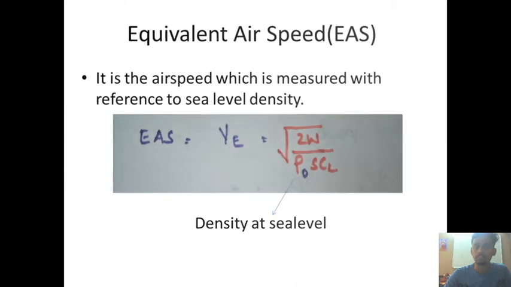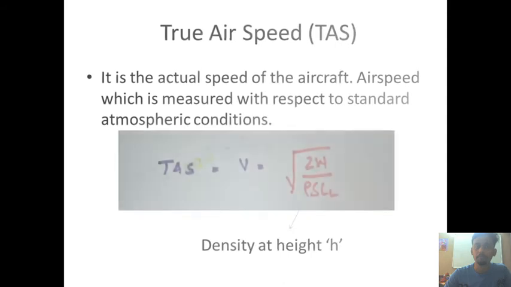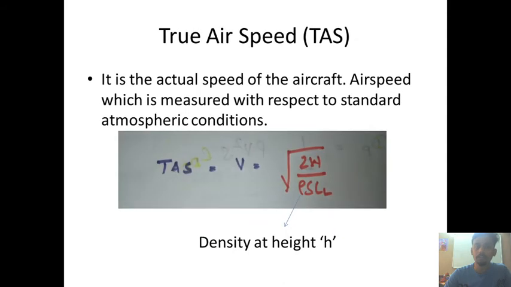Next let us see about the true airspeed. It is the actual speed of the aircraft, the airspeed measured with respect to the standard atmospheric conditions, where the true airspeed V is equal to root of 2W by rho S CL, where rho is the density at a particular height h.